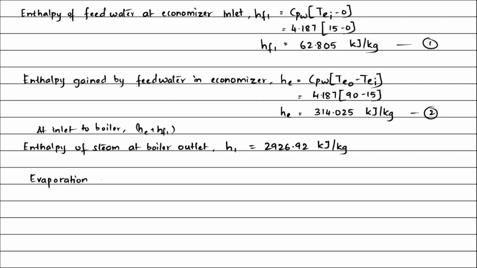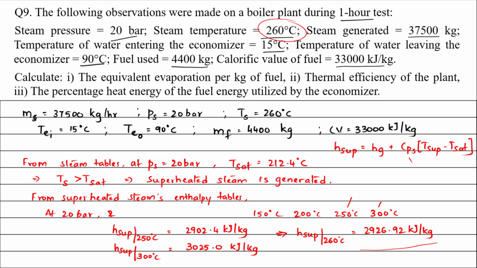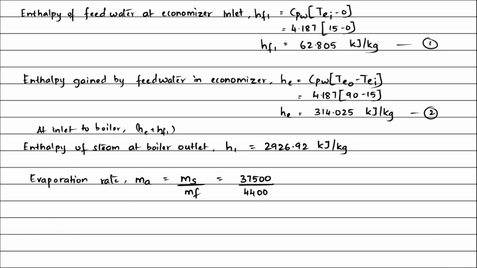The evaporation rate, denoted by Ma, is equal to mass of steam upon mass of fuel. My mass of steam was 37,500 kilogram per hour, divided by the mass of fuel consumed, which is 4,400 kilogram.